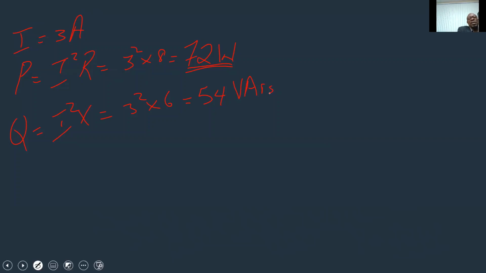We also know that S squared is equal to P squared plus Q squared, which implies that S is equal to the square root of 72 squared plus 54 squared.